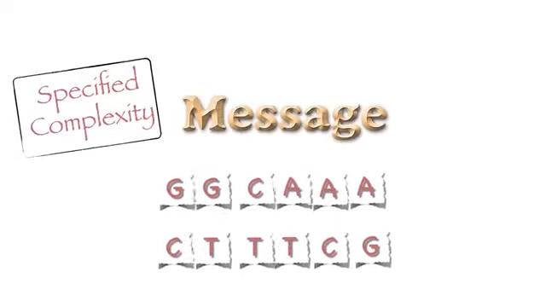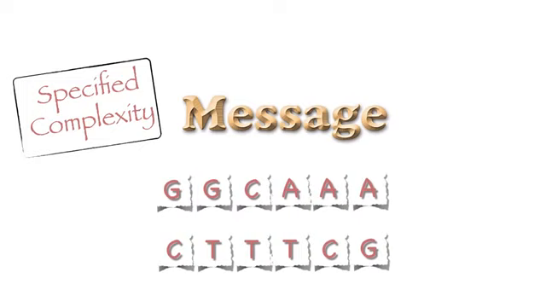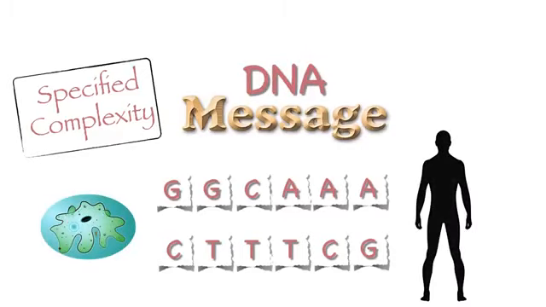A message that makes no sense to us, but to the cells which contain DNA, the specific order and arrangement of the A, T, C, and G, the adenine, thymine, cytosine, and guanine, they form a very special message, a DNA message. It is these DNA messages that encode instructions for building and replicating all living things.